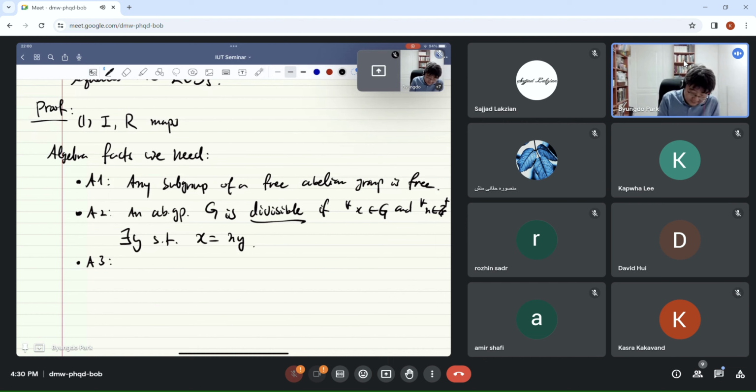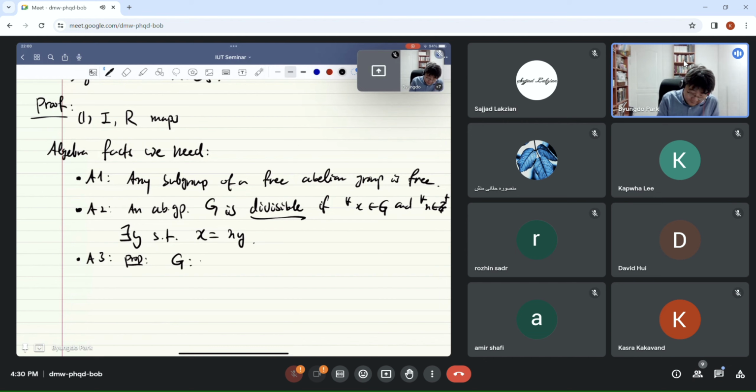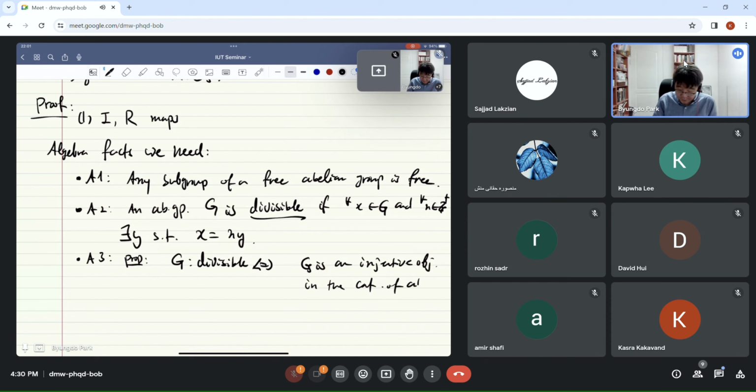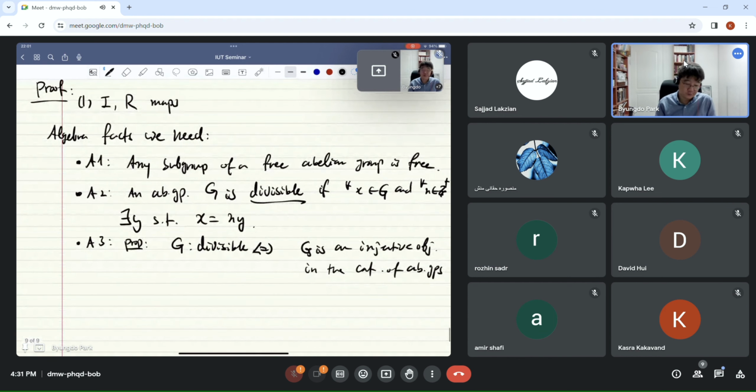And this is a proposition: G is divisible if and only if G is an injective object in the category of abelian groups, i.e., G is an injective module.